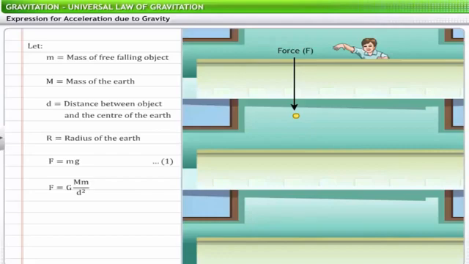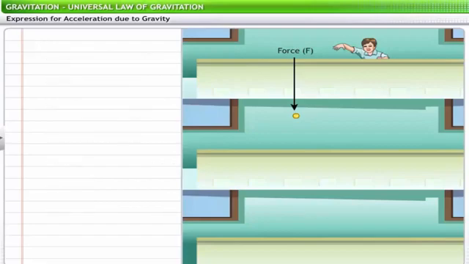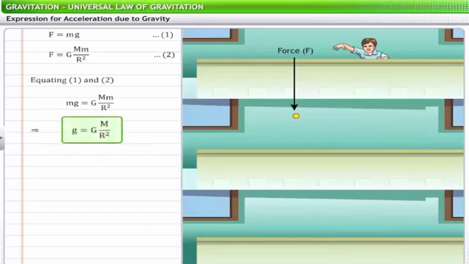When the object is near to or on the surface of the earth, the distance d is taken as equal to the radius of the earth R. Let this be equation 2. By equating 1 and 2, we can calculate the acceleration due to gravity as g is equal to G multiplied by M divided by R square.